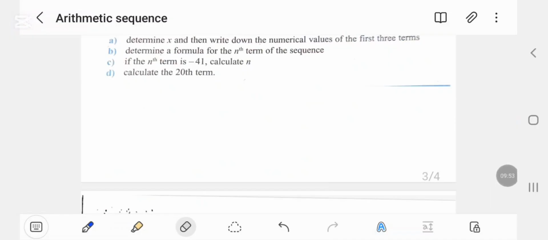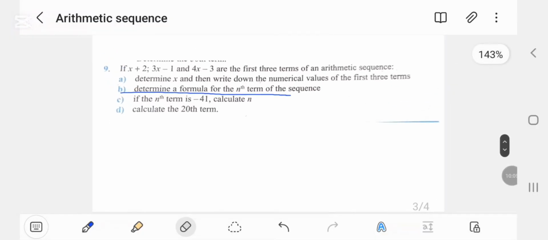B, determine the formula for the nth term, the general formula. Before that, we have x plus 2. So what's the first term? Remember x is 1, so 1 plus 2, our first term is 3.